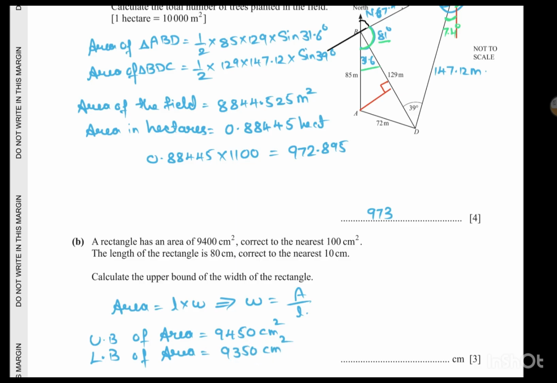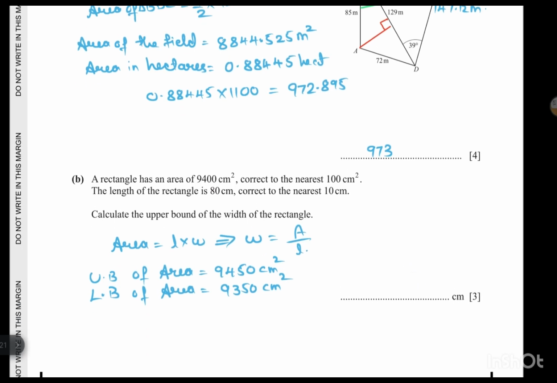Then we will find the upper and lower bound of the given length. The upper bound of length is 80, corrected to the nearest 10. So half of 10 is 5. 80 plus 5 is 85 centimeters, and the lower bound of length is, subtract 5, so you get 75 centimeters.